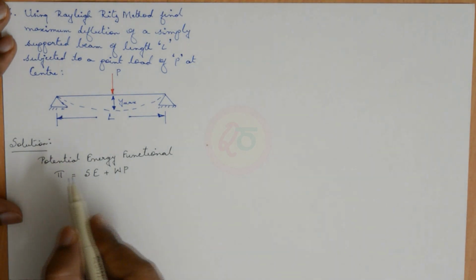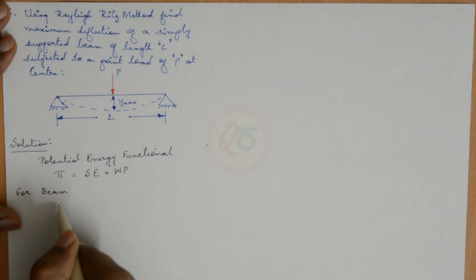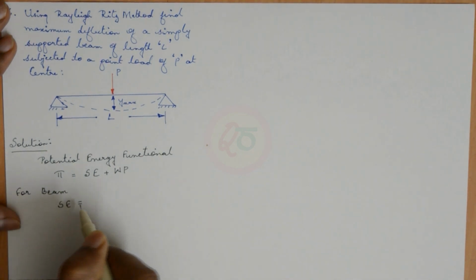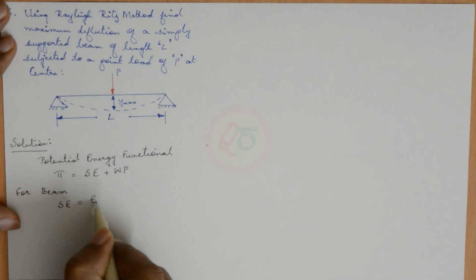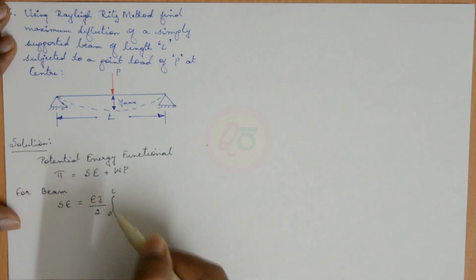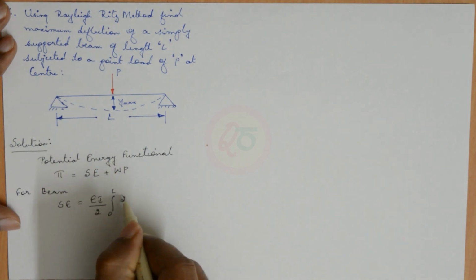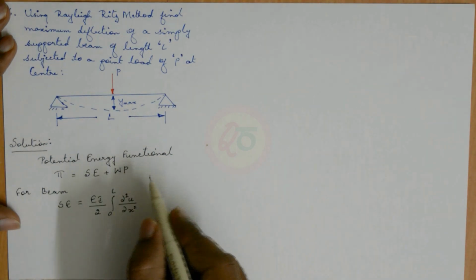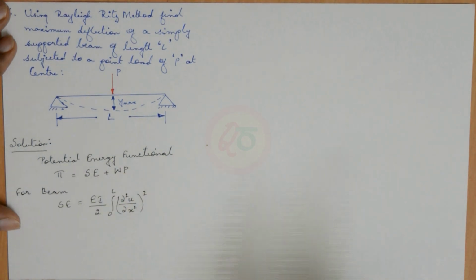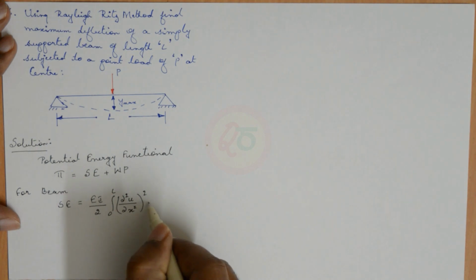For a beam, strain energy is given by EI by 2 integral over the length of dou square u by dou x square, whole square, into dx.